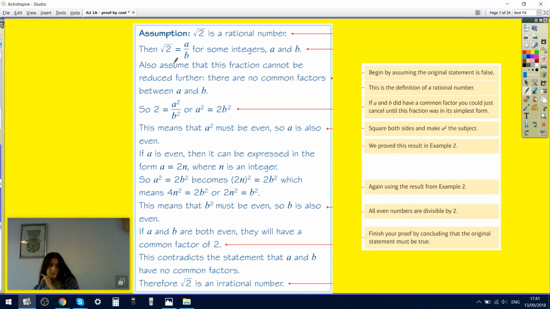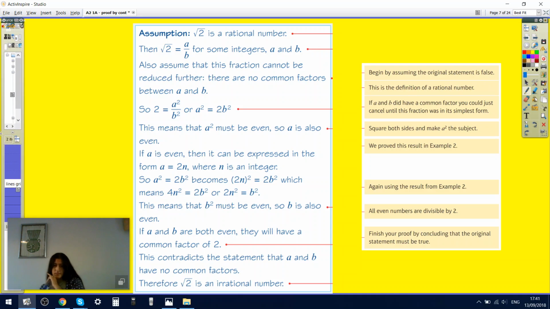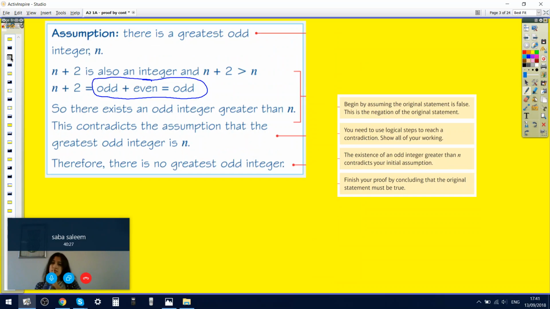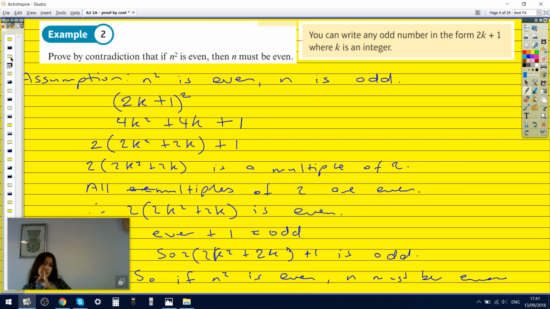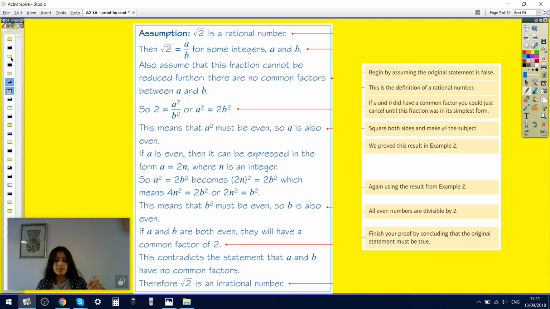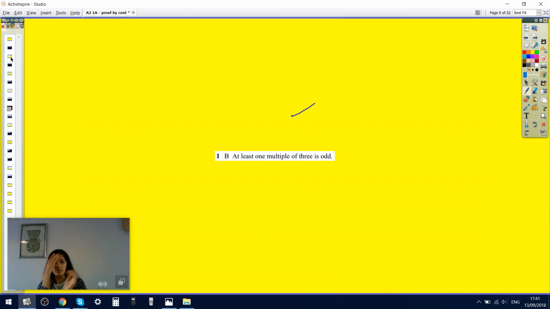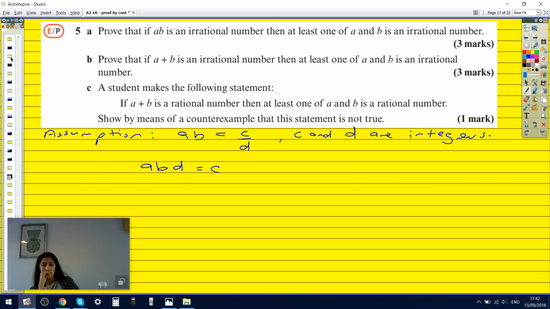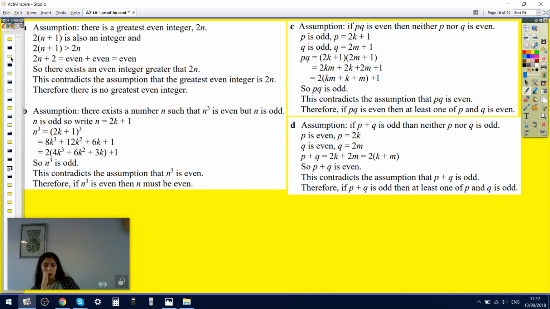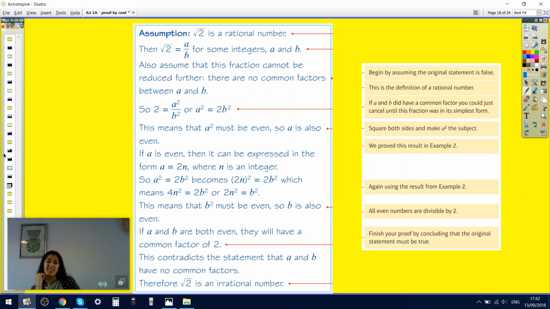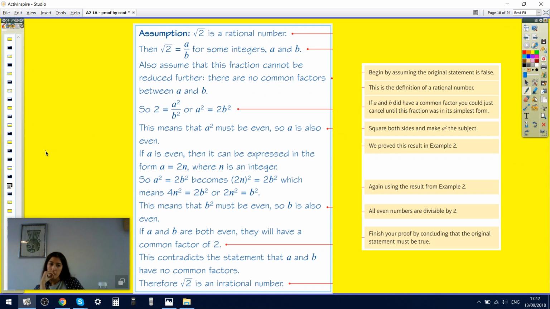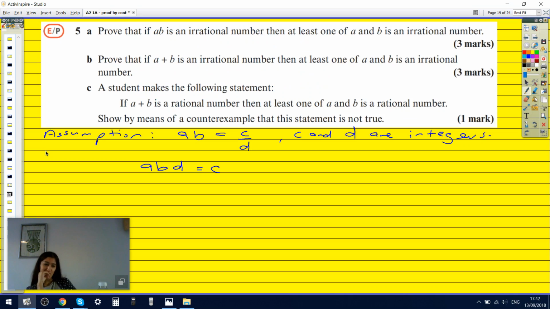So we said root 2 is A over B. We then squared both sides. That was different. It was a number. It wasn't just 4 letters. Yeah, true. So this means that it must be even.